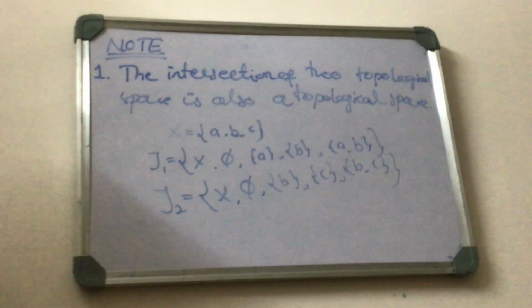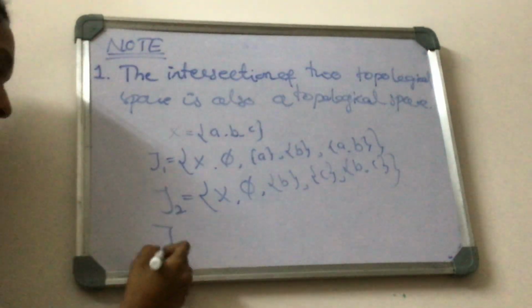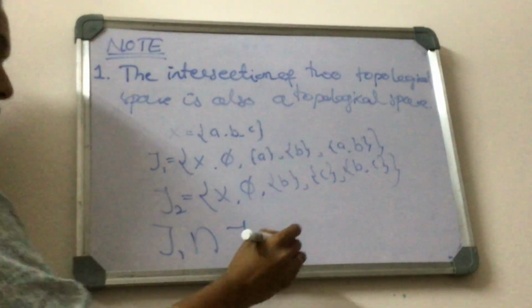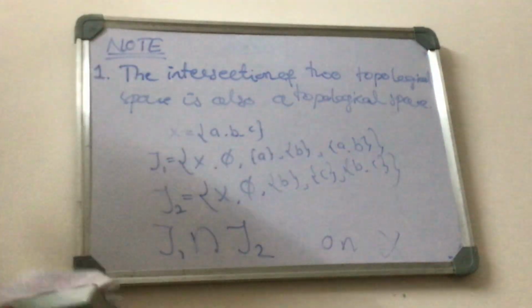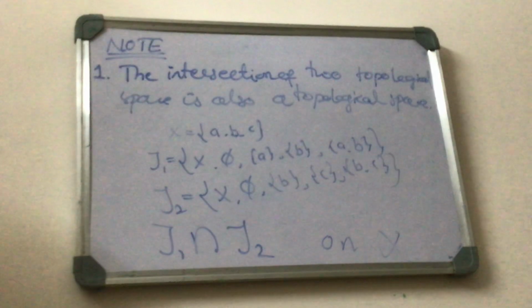If you do the intersection of these two, tau 1 intersection tau 2 is also a topology on X. This is in general.